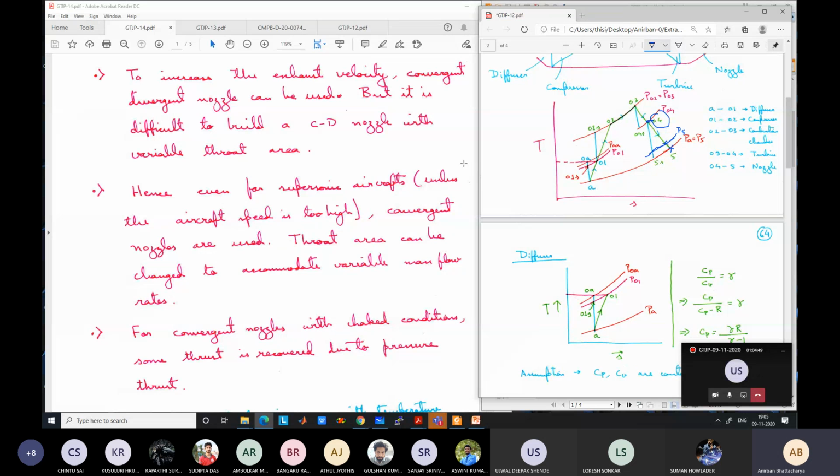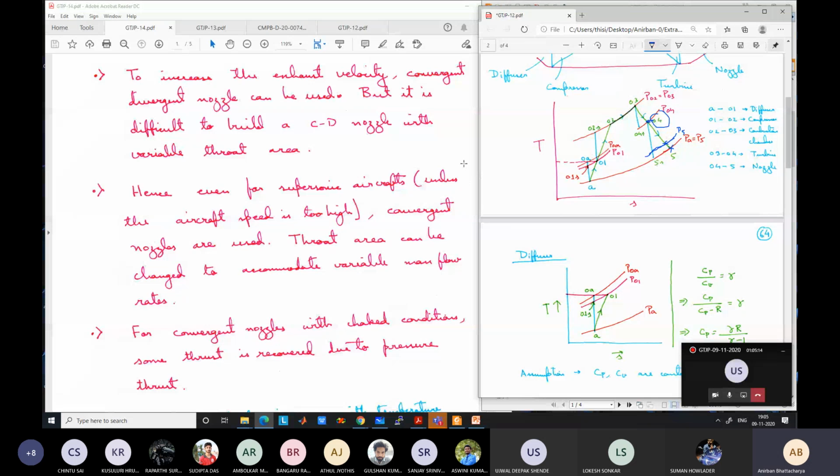So although the exhaust gas is at sonic speed, it is actually at a much higher velocity as compared to the aircraft velocity. The exhaust gas velocity may be 600 meters per second and the aircraft may be flying at 500 meters per second. Still the aircraft is supersonic because the sonic velocity is only 340 meters per second at ambient condition.